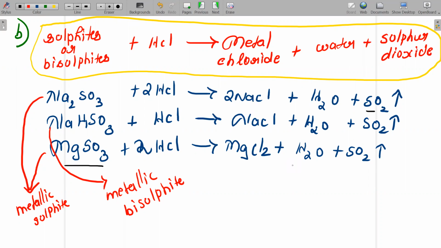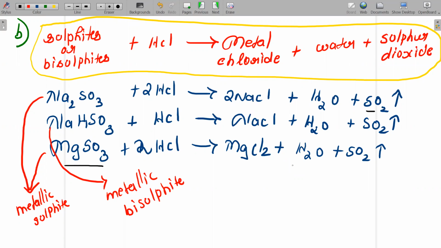So if you consider metallic sulfites, into that, if you add some HCl, you will get metal chloride plus water plus, no, sulfur dioxide. When will you get carbon dioxide? When you are introducing carbonates or bicarbonates. When you introduce sulfites or bisulfites, you will get sulfur dioxide.